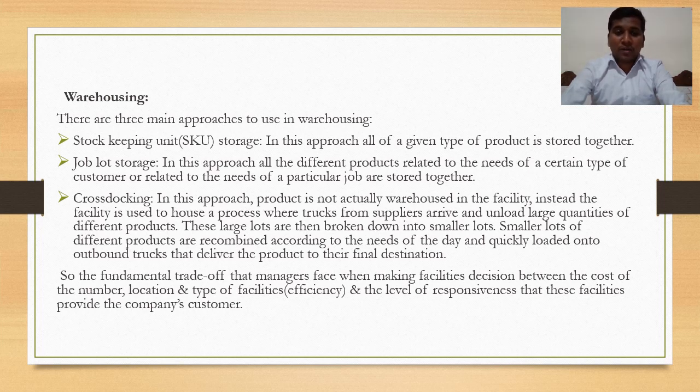Smaller lots of different products are recombined according to the needs of the day and quickly loaded onto outbound trucks that deliver the product to the final destination. So the fundamental trade-off that managers face when making facility decisions is between the cost of the number, location, and type of facility and the level of responsiveness that the facility provides the company's customers.